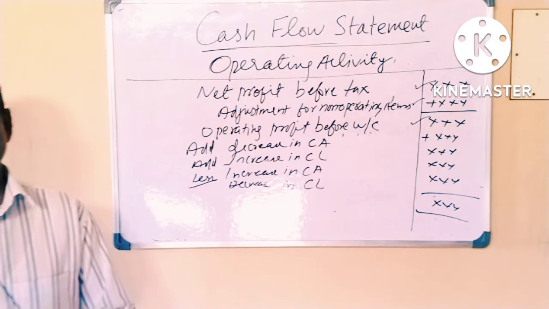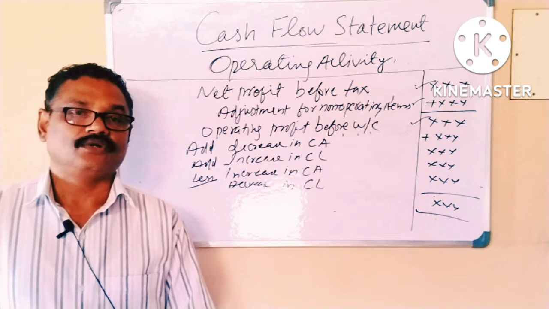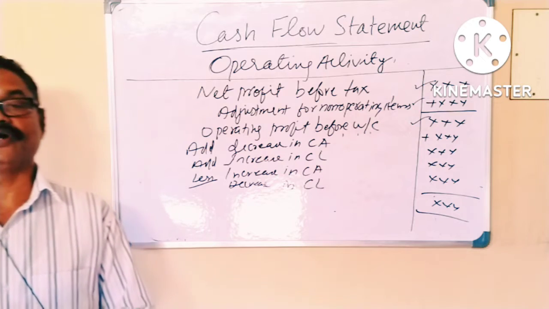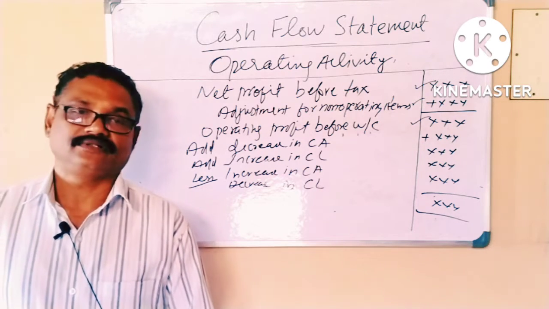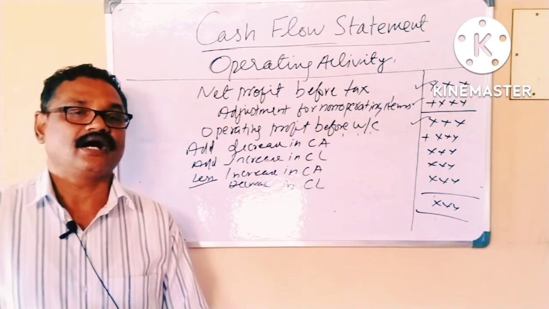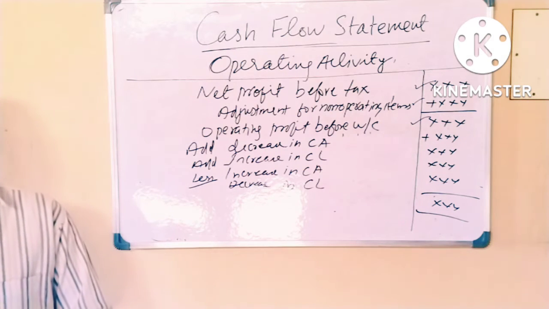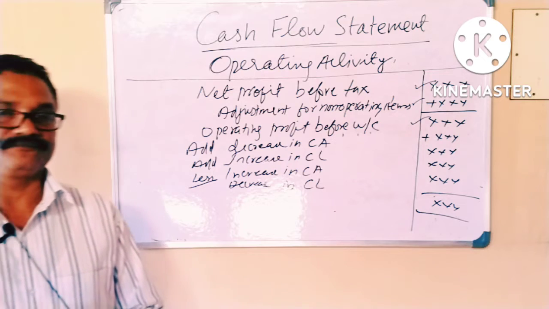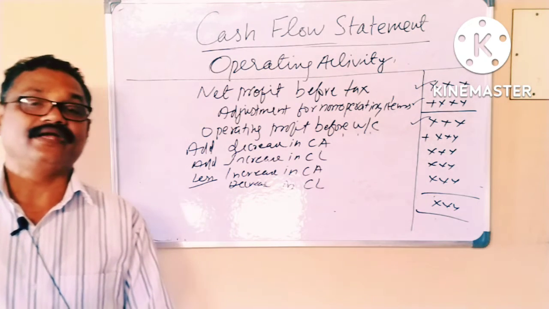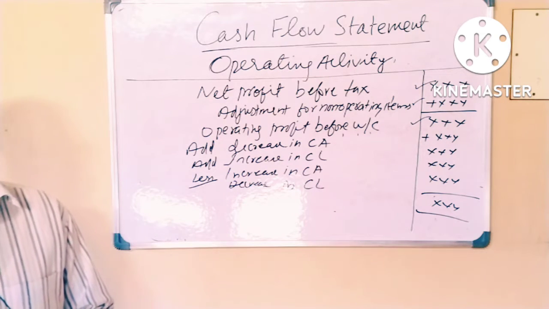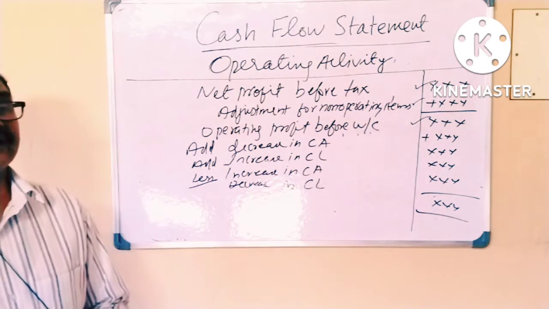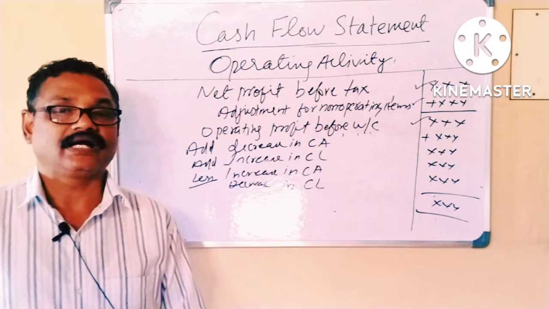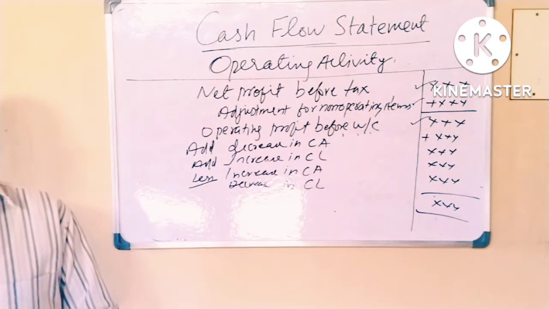For example, creditors, bills payable, loan, short-term loan, bank overdraft. These items will be treated as current liabilities, to be discharged within 1 year or within 6 months.